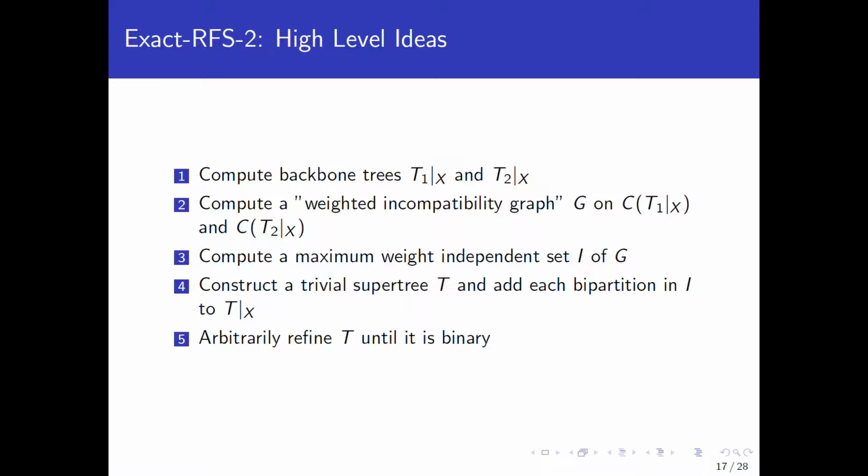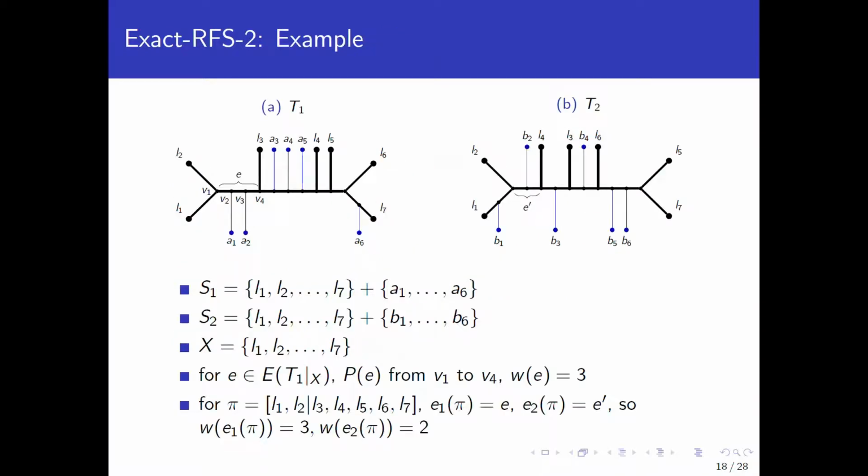Now let's go through a detailed example to see what this algorithm looks like in action. We're given two trees T1 and T2, where the leaves of T1 are L1 to L7 and A1 to A6. The leaves of T2 are L1 to L7 and B1 to B6. So the shared leaf set is L1 to L7. The backbone trees of T1 and T2 are bolded.